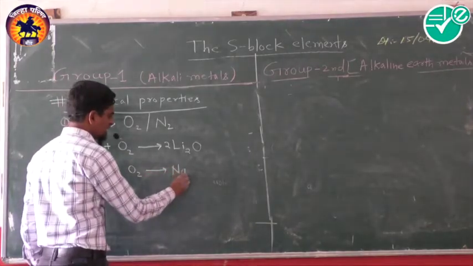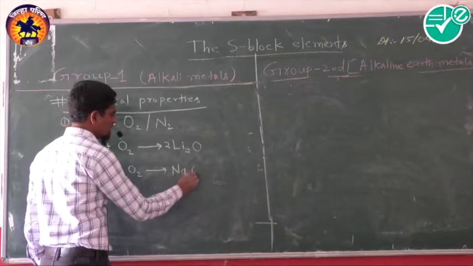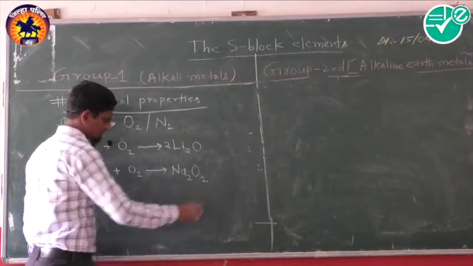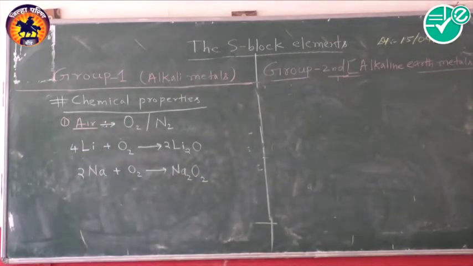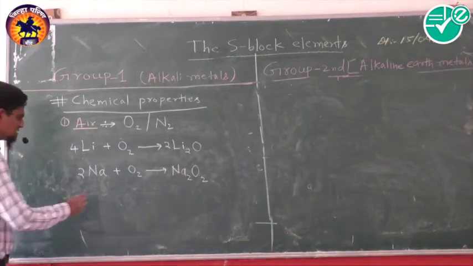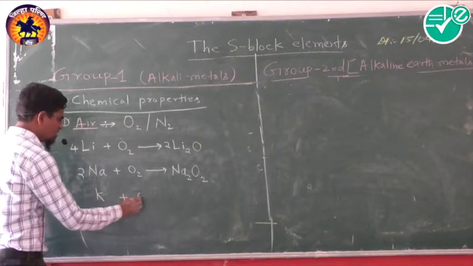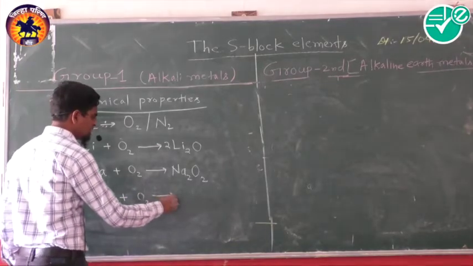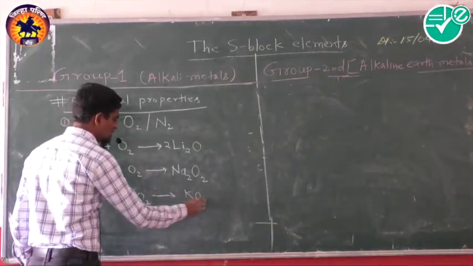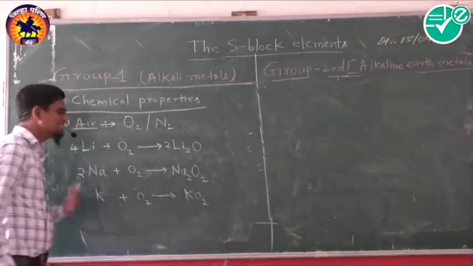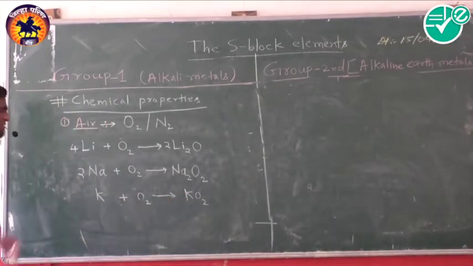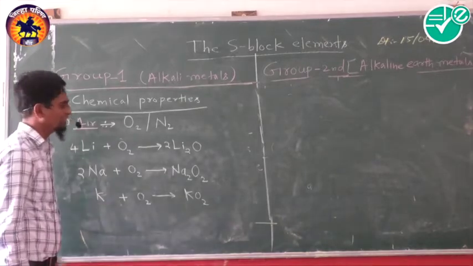But in case of sodium, when sodium reacts with oxygen, it will form sodium peroxide, Na2O2. The third one, you take potassium, react with oxygen, and it forms KO2. Such three different oxides you are preparing.